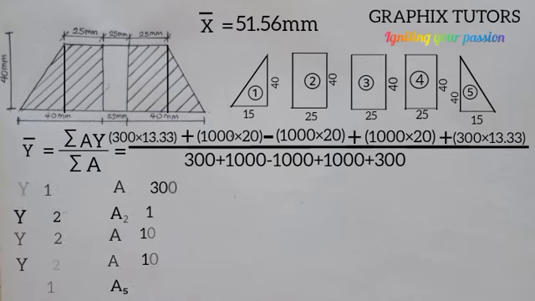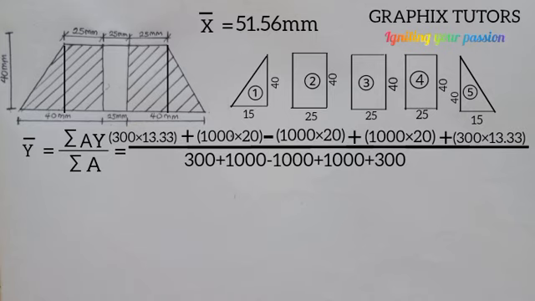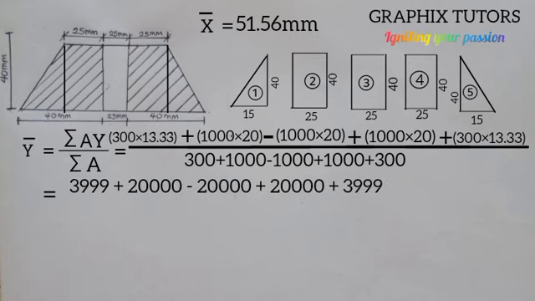Is that okay? Now, if you do the needful, you do your normal calculation. You say that your y bar will now give us 3999, that is 300 times 13.33, 3999, plus 20,000, because 1000 times 20 will give us 20,000, minus 1000 times 20 will give us another 20,000, plus 20,000 plus 3999, all divided by 1600.